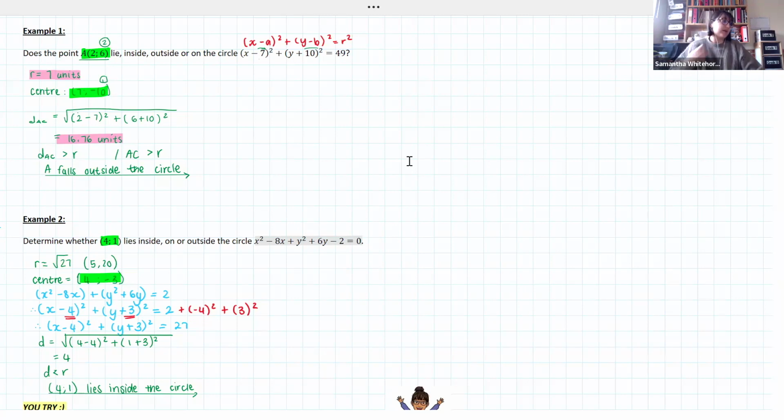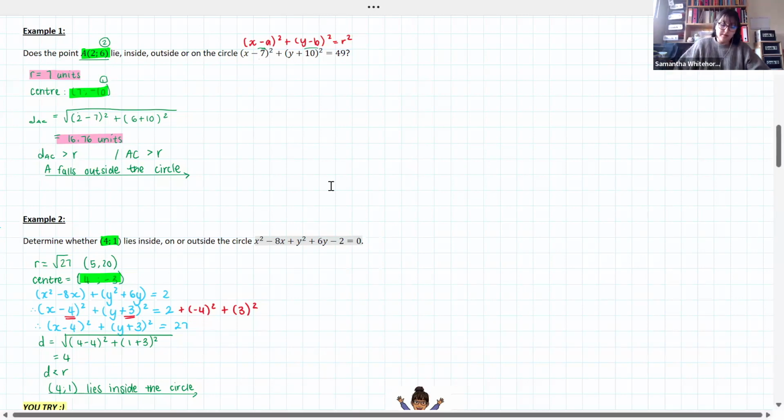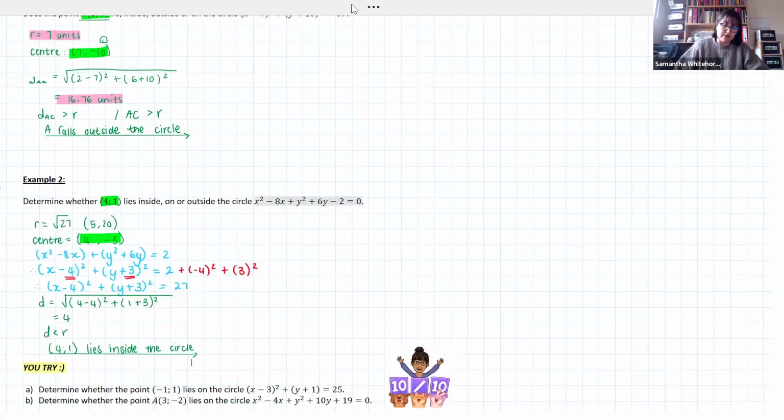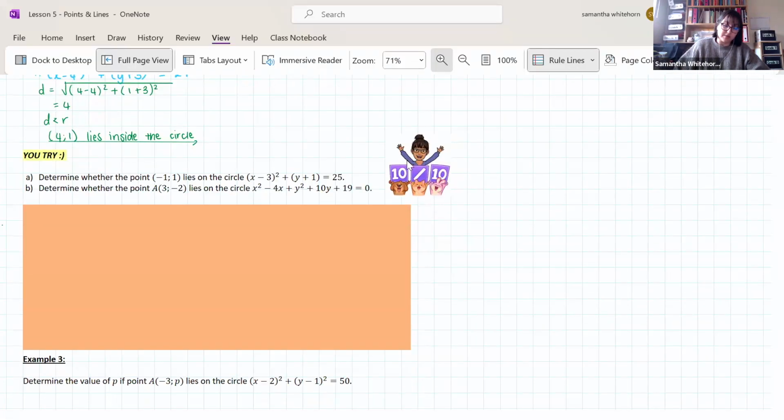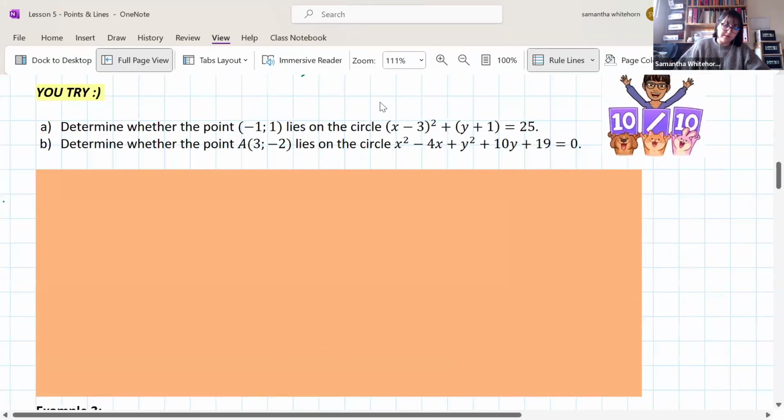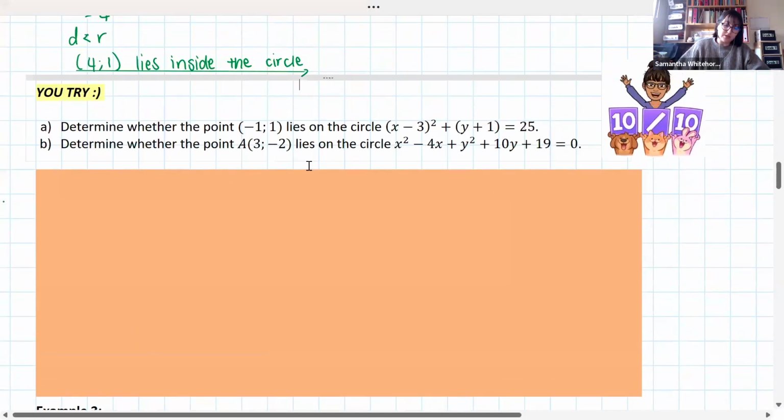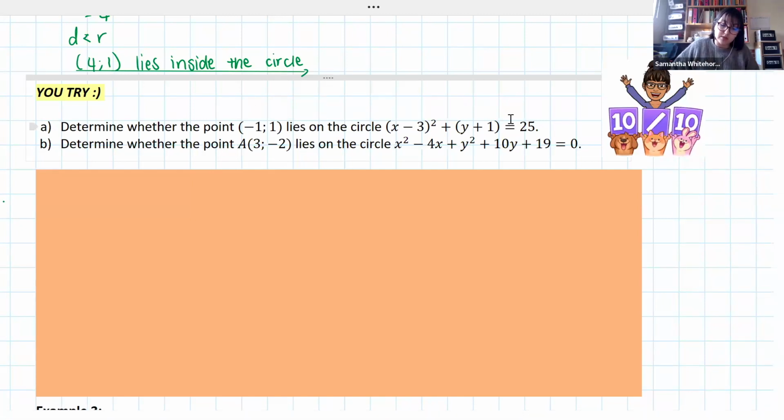Right, you're going to try one by yourselves now. So screenshots. And then I want you to have a look at this question over here. Let's make this a bit bigger again. Okay, so there's 2 questions. Determine whether the point negative 1, 1 lies on the circle x minus 3 squared plus y plus 1 squared equals 25.